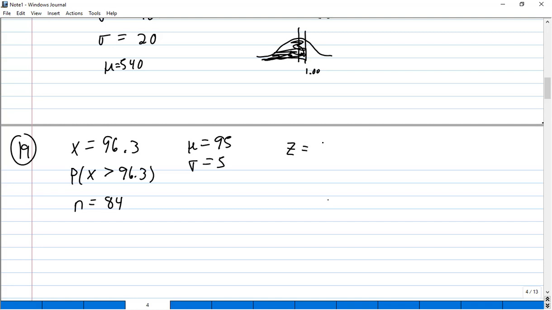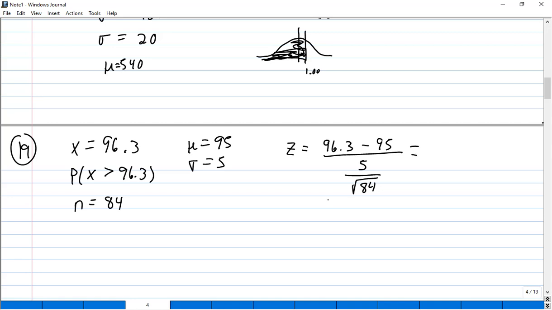So we're going to say x minus mu over sigma divided by the square root of n. So it's 96.3 minus 95 over 5 divided by the square root of 84. All right, so work this out.